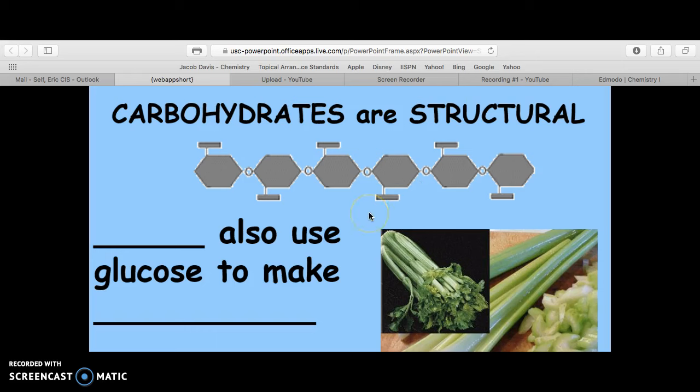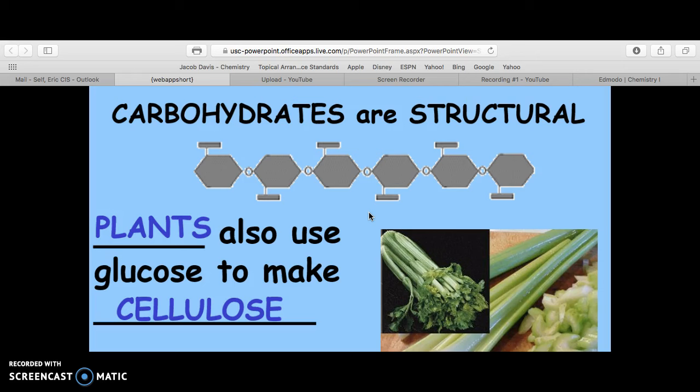They can also be structural. Plants use glucose to form things like stems and stalks. Those are important. They're going to use glucose to make cellulose, and cellulose makes plants sturdy.